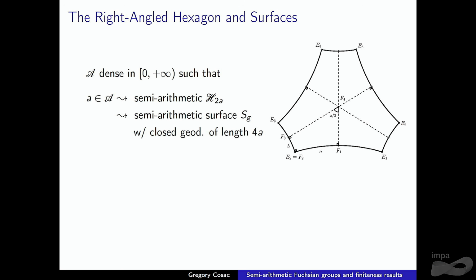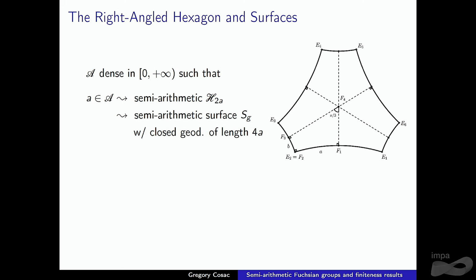And the upshot here is that these hexagonal groups contain surface subgroups of every genus, right? So that's the reason why I want to look at the hexagon.